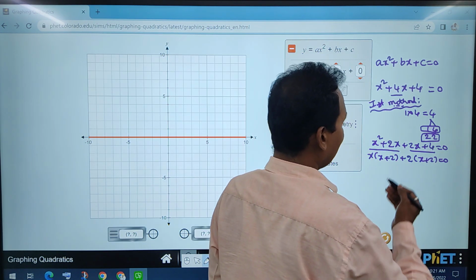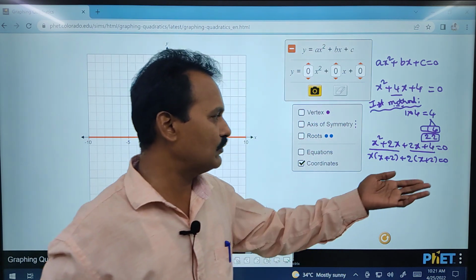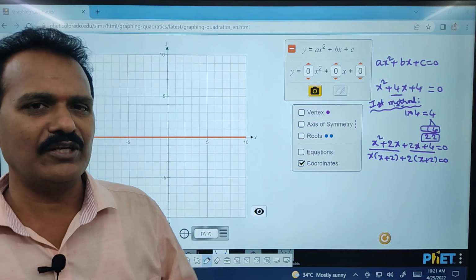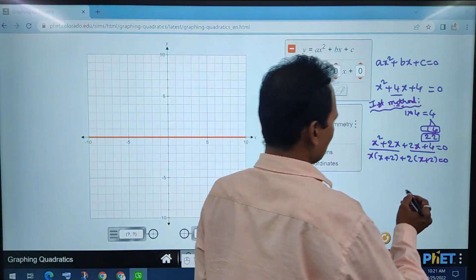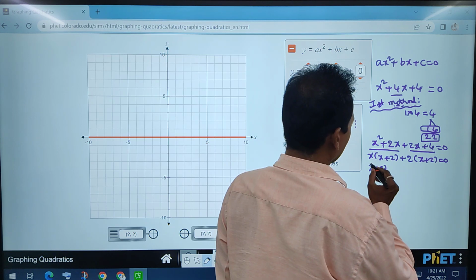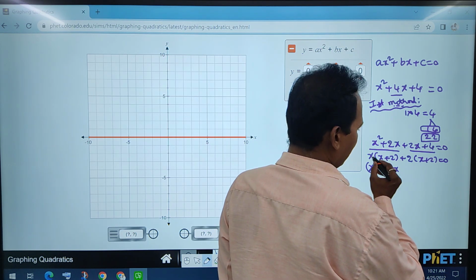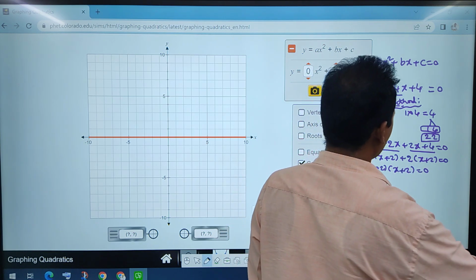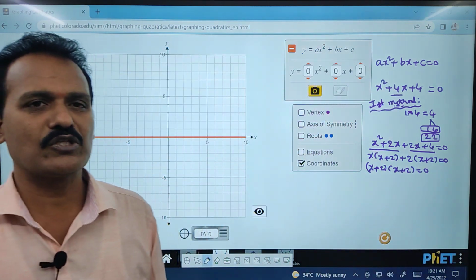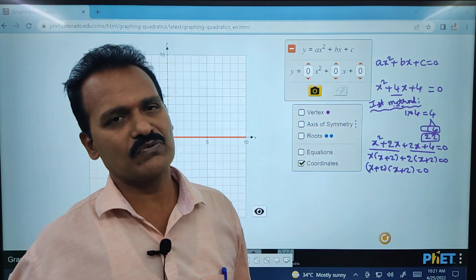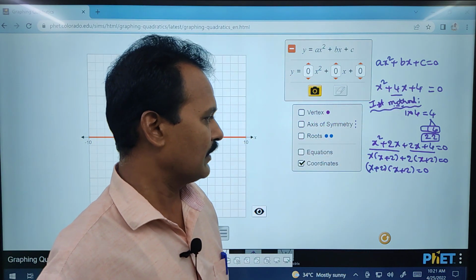So that means we have x into x plus 2, and the second term 2 into x plus 2. From these two terms you can again take out the common x plus 2. Taking out the common x plus 2, x will remain in the first bracket plus 2 will remain, equal to 0. So x plus 2 into x plus 2 is the product of the two factors for x square plus 4x plus 4 equal to 0.